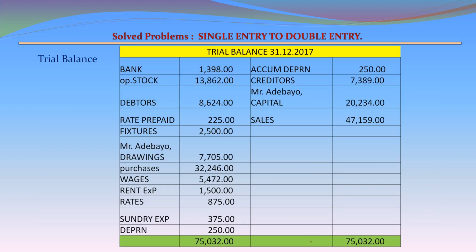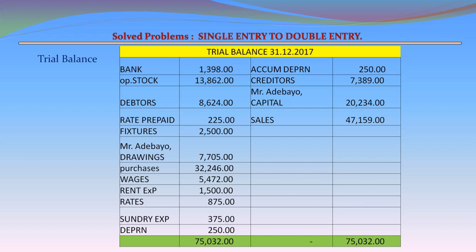Trial balance as on 31st December 2017. On the debit side, bank 1,398, opening stock 13,862, debtors 8,624, rates prepaid 225, fixtures 2,500, Mr. Adebayo's drawings 7,705, purchases 32,246, wages 5,472, rent expenses 1,500, rates 875, sundry expenses 375, depreciation 250.